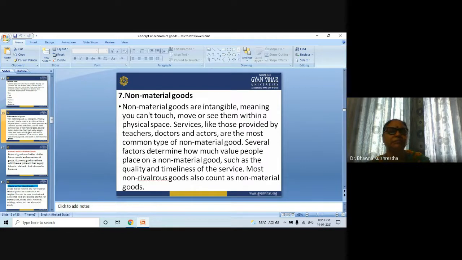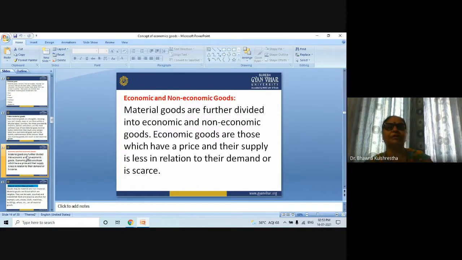And the next is economic and non economic goods. Material goods are further divided into economic and non economic goods. Economic goods are those which have a price and their supply is less in relation to their demand, or is scarce.